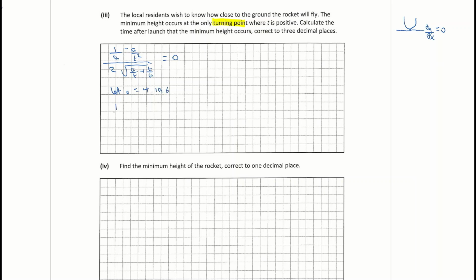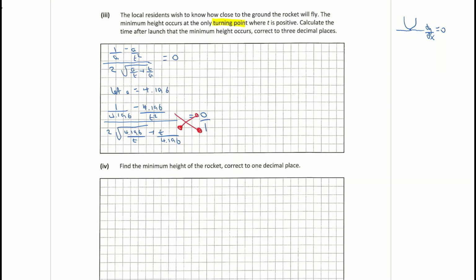So subbing that in, I have 1 over 4.196 minus 4.196 over t squared, all divided by 2 times the square root of 4.196 over t plus t over 4.196. So a lot of subbing in there. Again, this is all equal to 0. Put that 0 as a fraction, 0 over 1, and cross multiply.